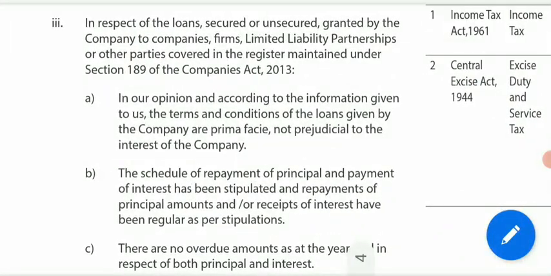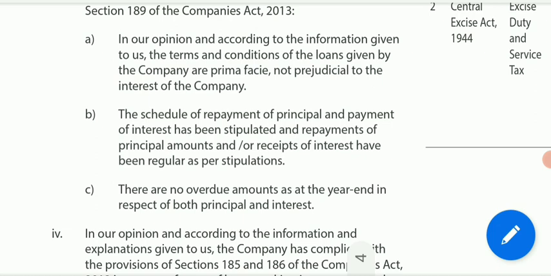So in respect of loans, secured or unsecured, granted by the company to companies, firms, LLPs or other parties, what all you have to mention: in our opinion, according to the information given to us, the terms and conditions of loans given by the company are prima facie not prejudicial to the interest of the company.